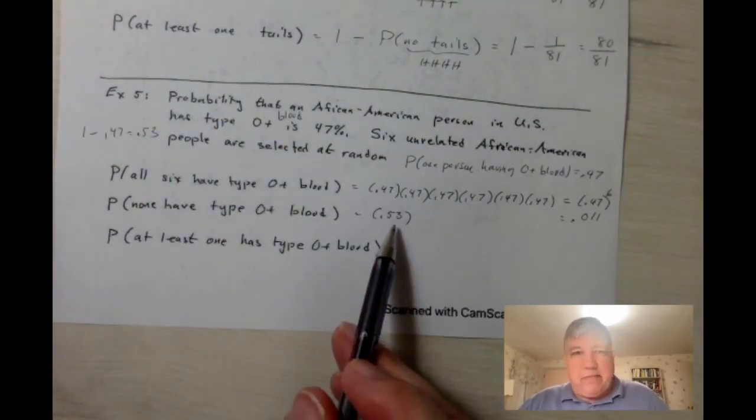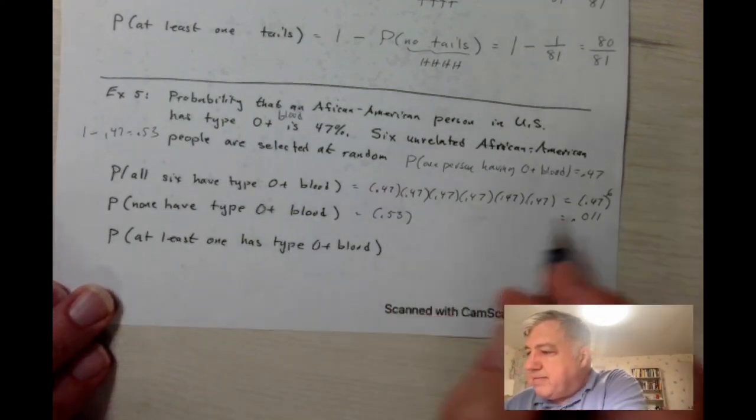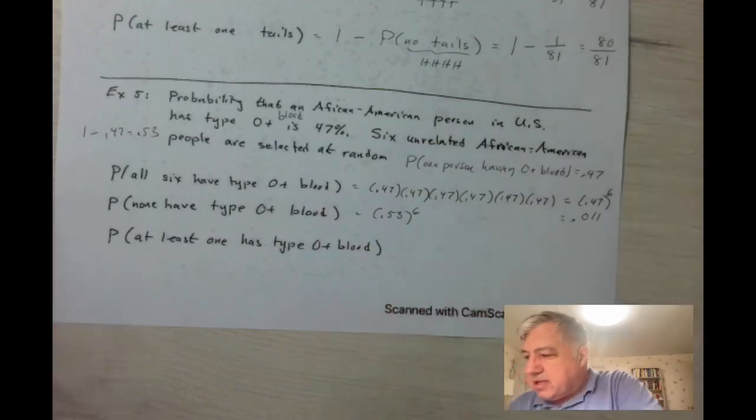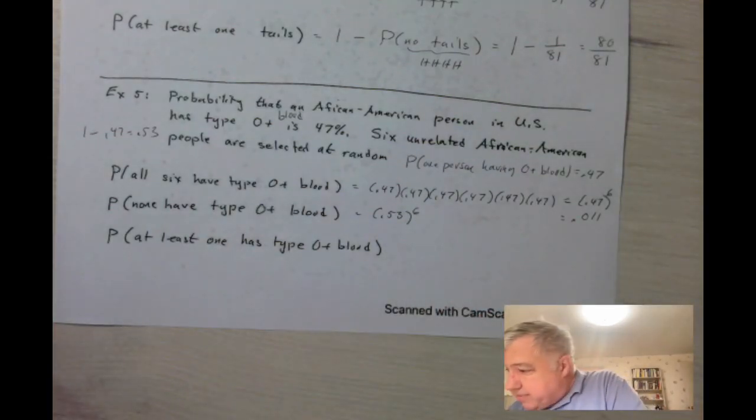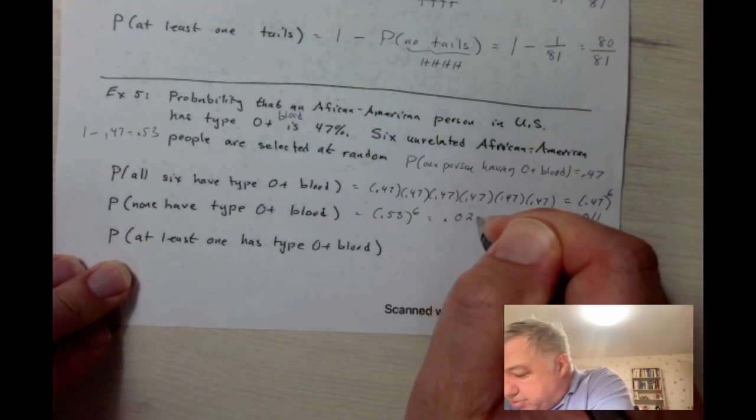That's the probability of one African American not having it. Well, we have 6, so we're going to raise this to the 6th power as we did up here, and so 0.53 raised to the 6th power is 0.022.